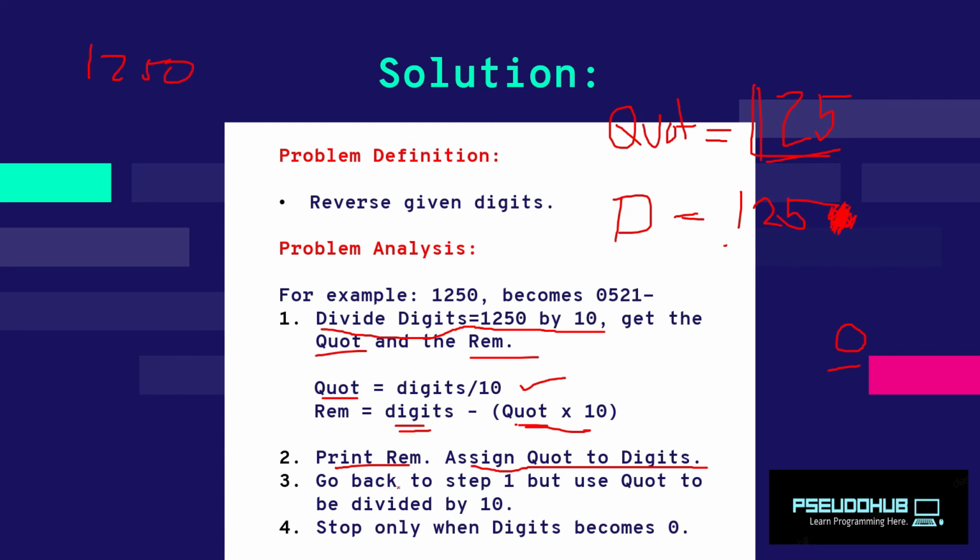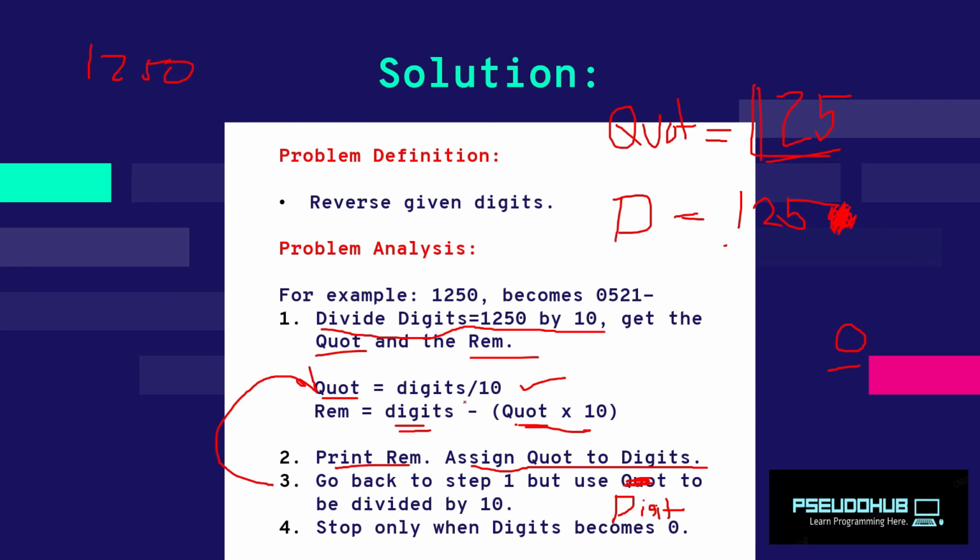Step 3: go back to step 1, but use digit to be divided by 10. Actually, I made a mistake, it should say use digit. So we go back to step 1.